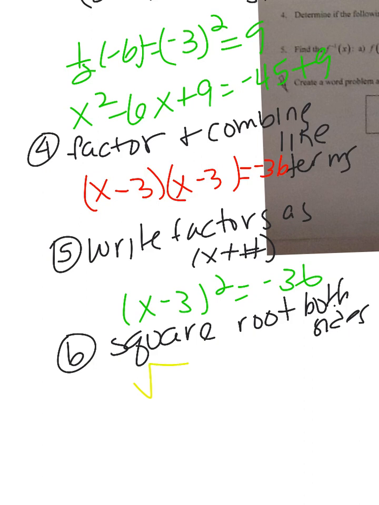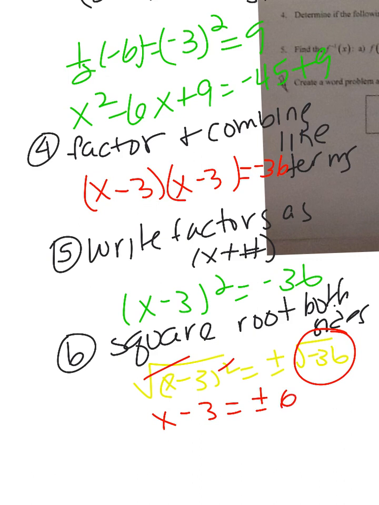So I get the square root of x minus 3 squared equals plus minus the square root of negative 36. Don't forget that plus minus. So then we get x minus 3 equals plus minus. Now the square root of negative 36, remember, is 6i.